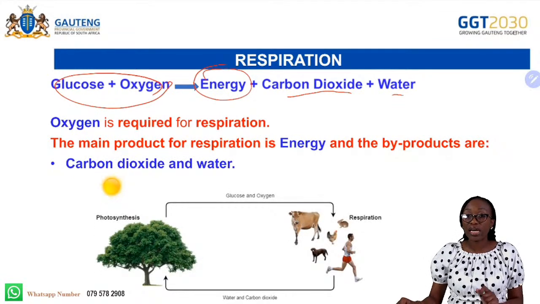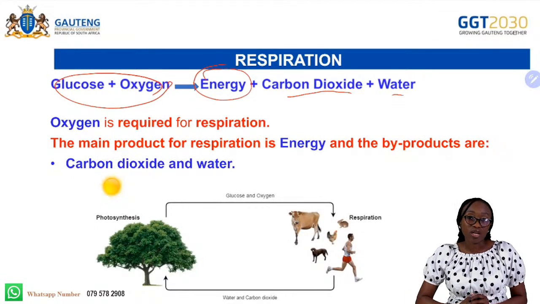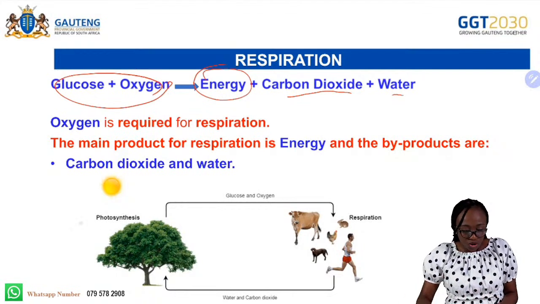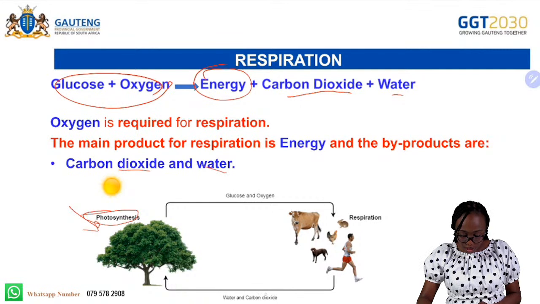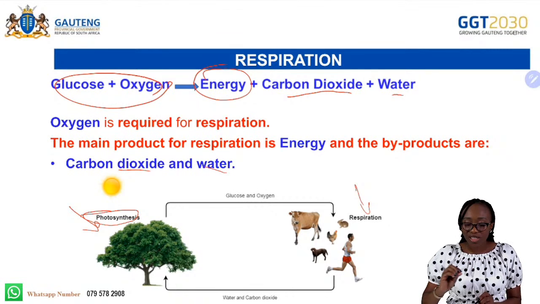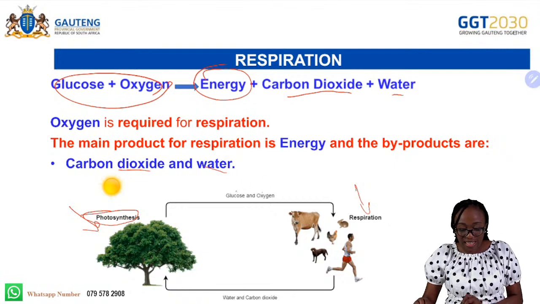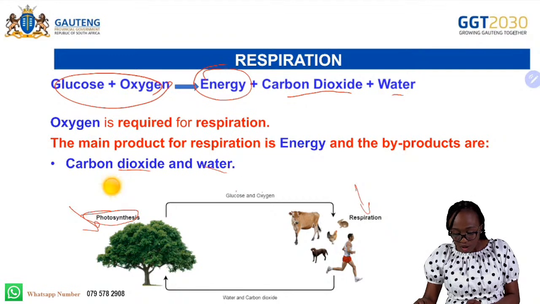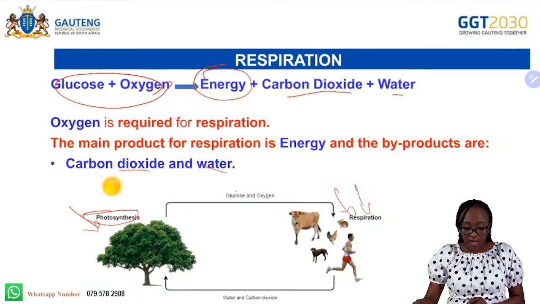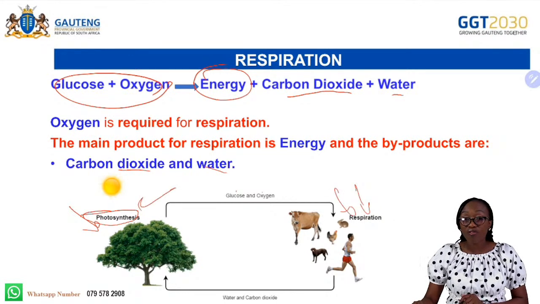If you look at this picture that I've just pulled up, during the day our plants, through photosynthesis, need carbon dioxide and water, which are the products of respiration. Respiration requires glucose and oxygen, which happen to be the products of photosynthesis.